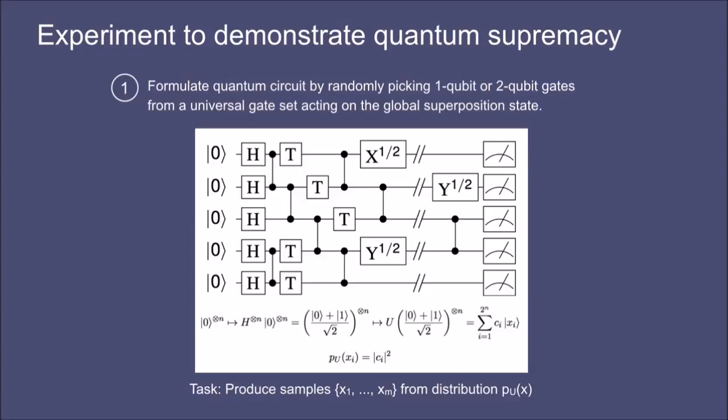So the Hilbert space involved here is 2 to the number of qubits you start with. Then you measure the state, but measuring a quantum state is really sampling from a probability distribution encoded in this quantum state.